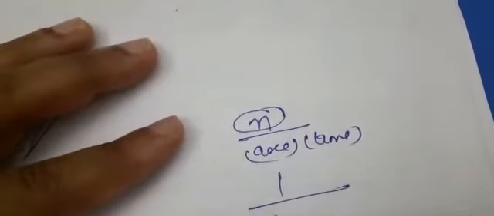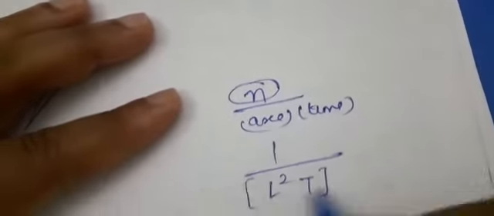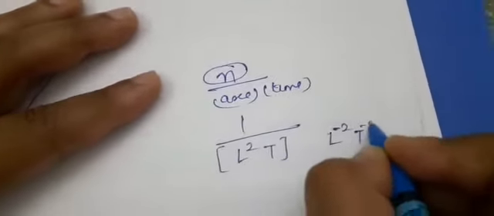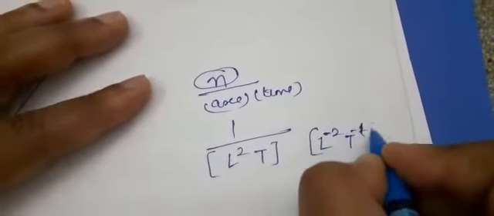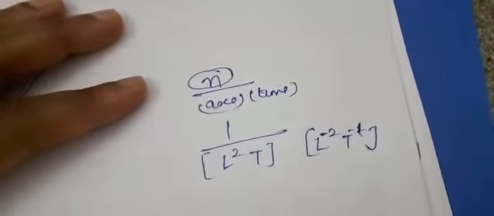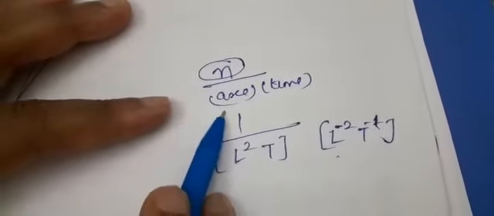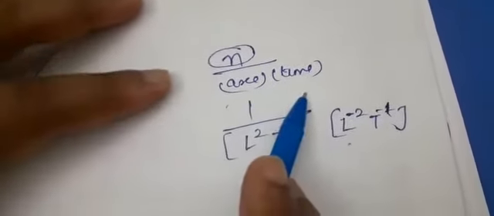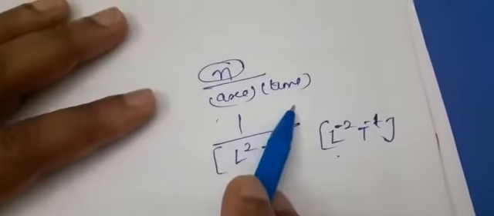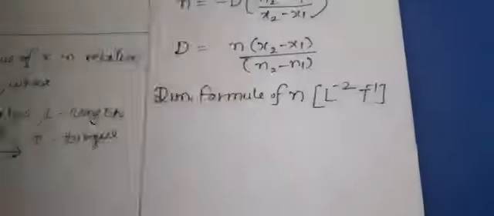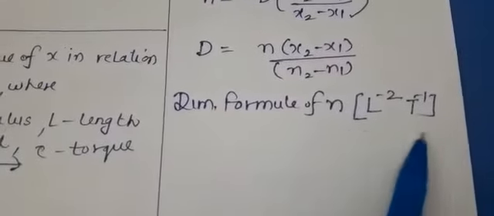So number of particles, that is simply a constant, no dimension formula. If you will take its formula, it will be L raised to the power minus 2, T raised to the power minus 1. So directly I have taken the formula. Number of particles in unit area in unit time means per unit area per unit time. This is the hidden concept in the statement. So now after this, dimensional formula of n.